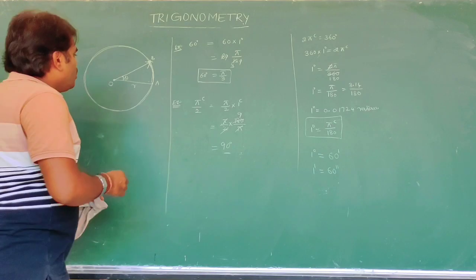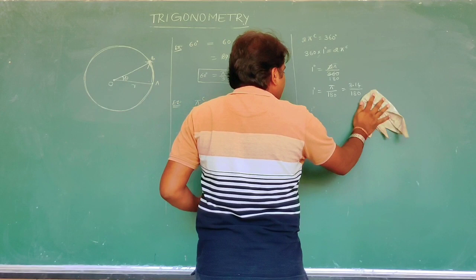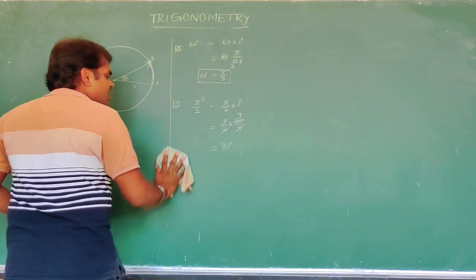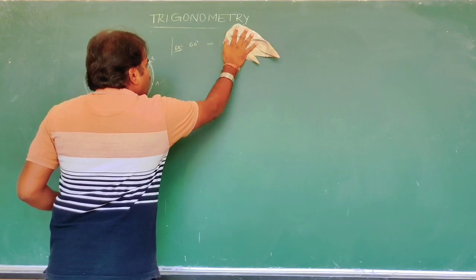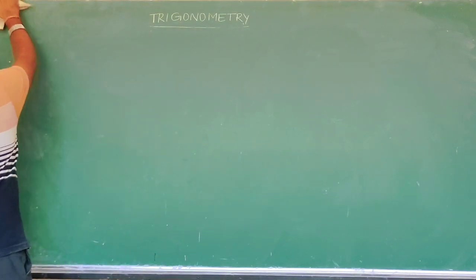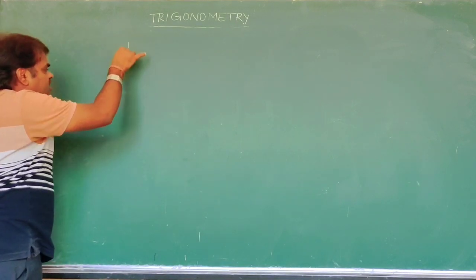Now we are going to understand the coordinate system. In the two-dimensional coordinate system, which contains x and y axes, let us consider this.